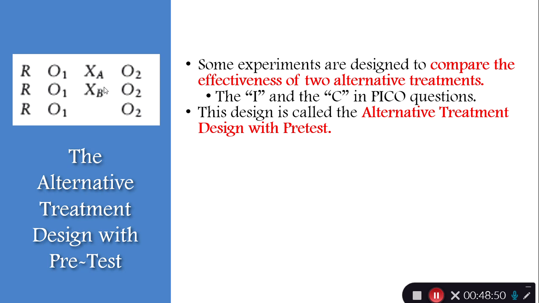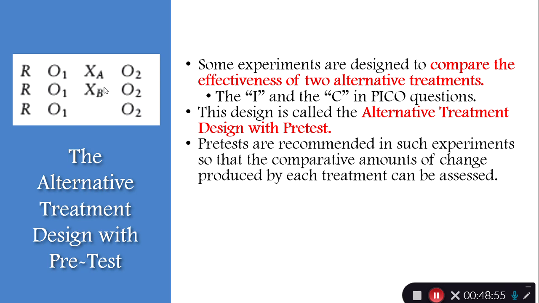So this design, again, is called the alternative treatment design with pretest. Pretests are recommended in such experiments so that the comparative amounts of change produced by each treatment can be assessed. So even though we know that testing can be a threat, in this kind of design it's recommended so that we can see the amount of change that occurred from time 1 to time 2 and compare amounts of change across each type of intervention.